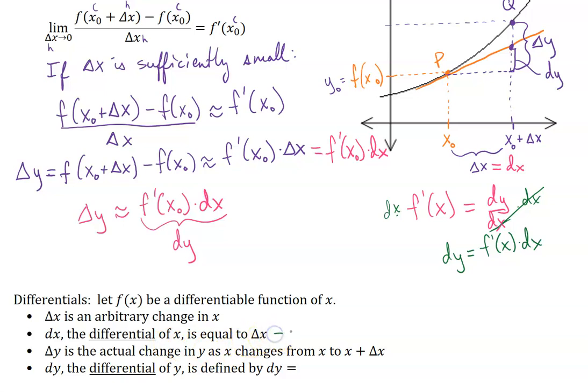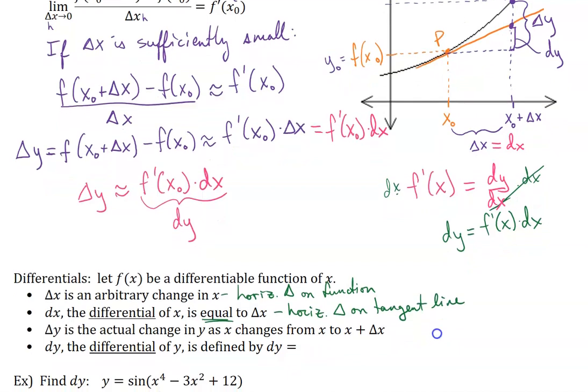Now, it is representing the horizontal change on the tangent line, whereas delta x is the horizontal change on the function. But again, they are exactly the same thing. Okay, horizontally, the changes are exactly the same. So delta x and dx are interchangeable.